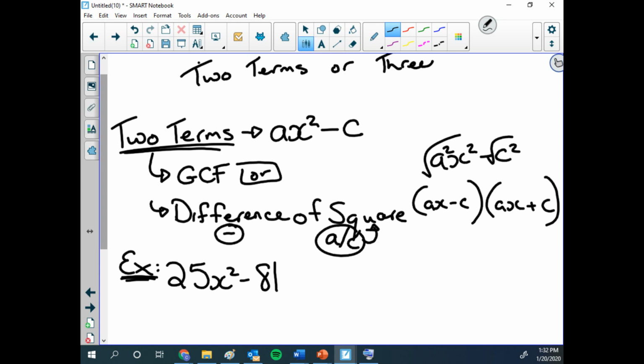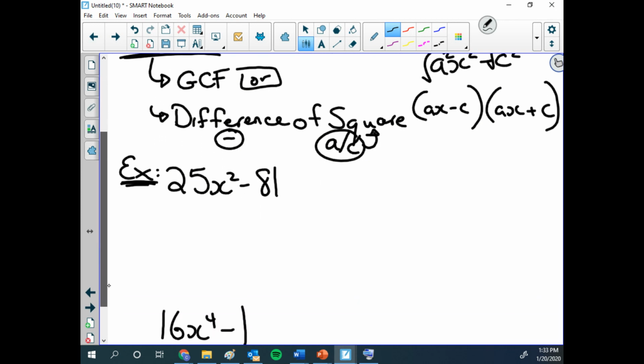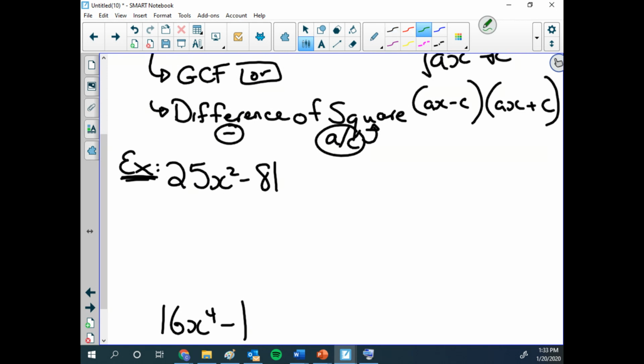So I can technically square root each term and break them up into conjugates because they are perfect squares. So 25x squared minus 81. What I do is I break this up into 2 conjugate terms.